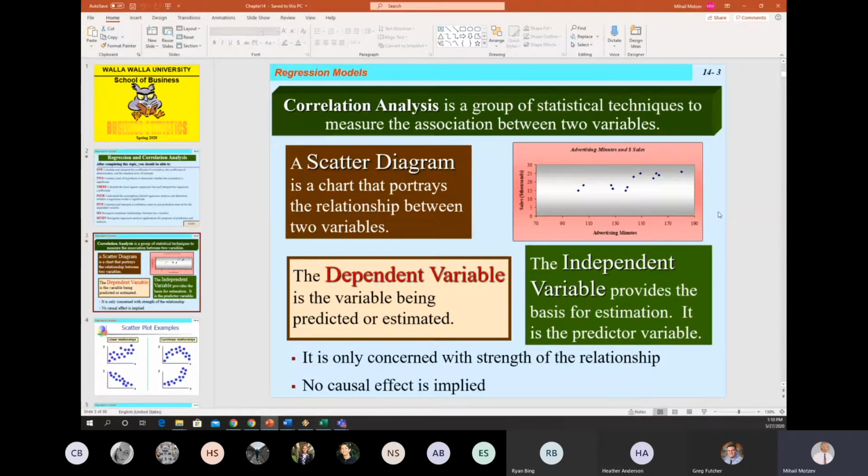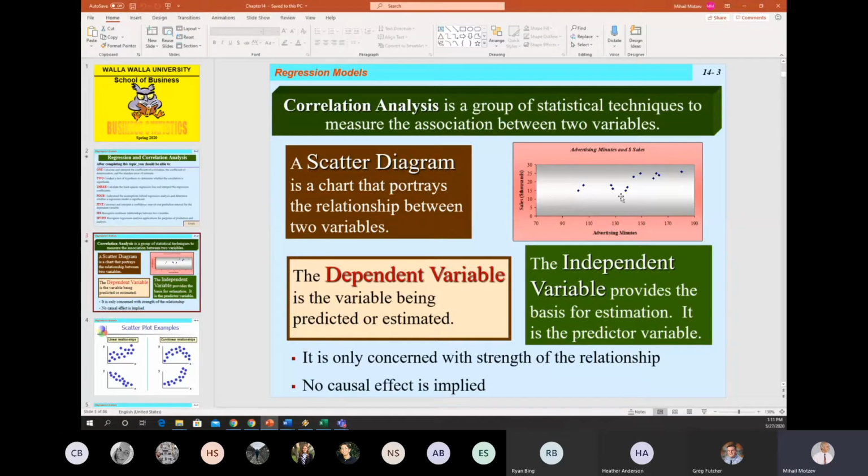On this chart, we plot two variables: usually the dependent variable, the variable of interest, let's say sales, on the y-axis, and on the x-axis the factor, the independent variable, the regressor, the predictor. Let's say advertising, the cost of advertising, or here advertising in minutes.